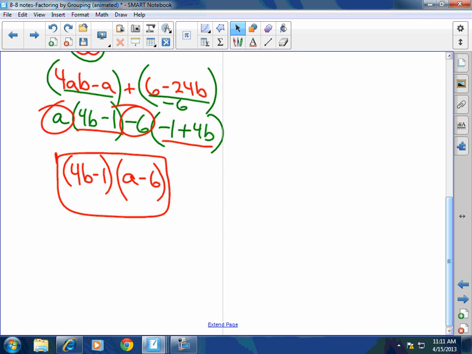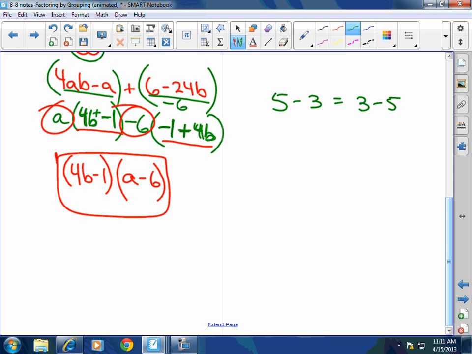Come again, what? Okay, no, remember this is the commutative property. You have a 4b plus a negative 1. You have a negative 1 plus a 4b. Same thing. What you cannot do is this. If you have 5 minus 3, that does not equal 3 minus 5. There's no way on earth.